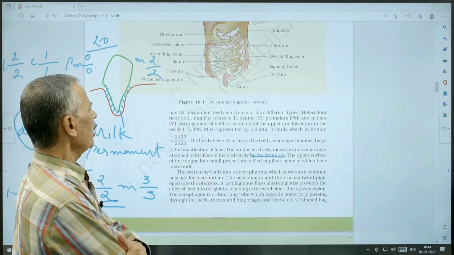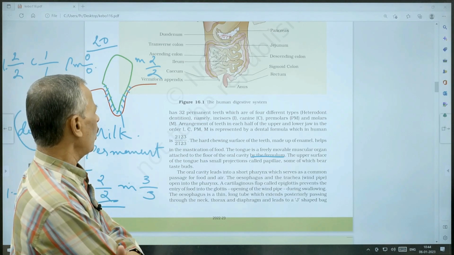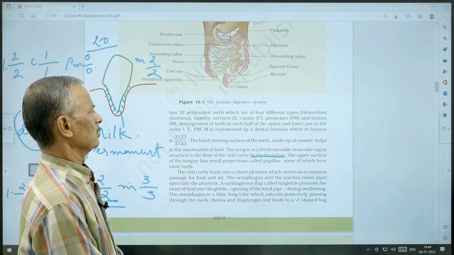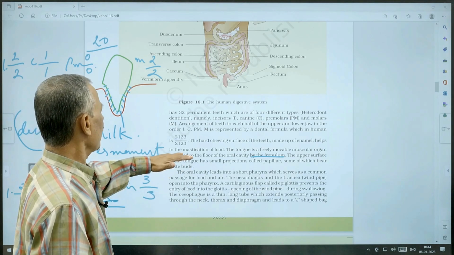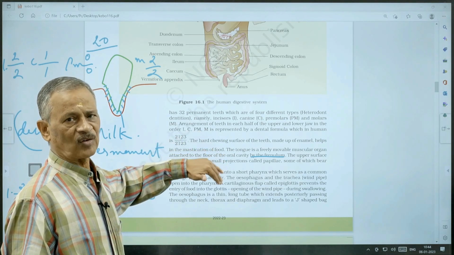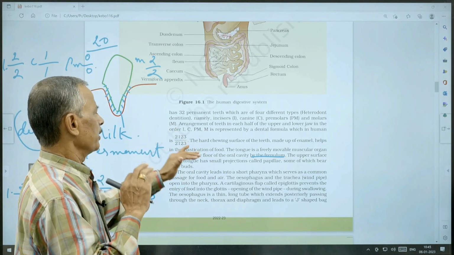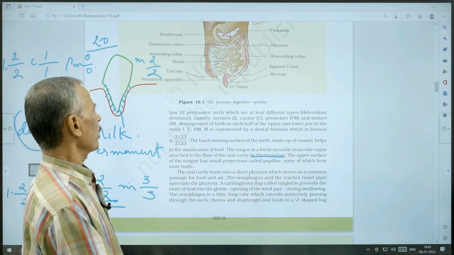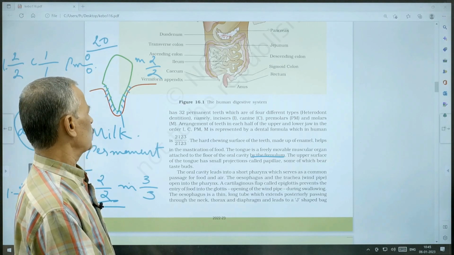The hard chewing surface of the teeth is made up of enamel, which is the hardest material of the body, and with the help of the flat surface of the grinders, we are all grinding our food. Now, lying in the floor, you are having the tongue, a highly movable muscular organ.